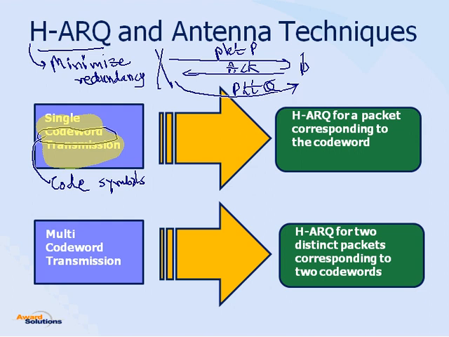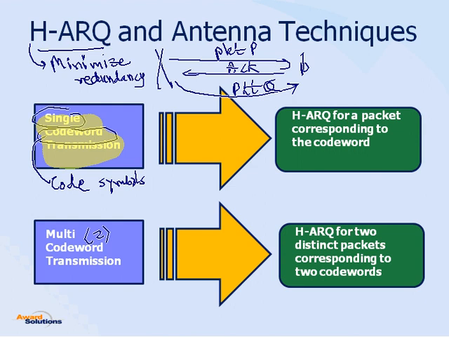That's why sometimes it is called multi-code word MIMO. Single code word MIMO means we just have a single set of code symbols and we distribute the code symbols among all the antennas that we have. But in LTE we support multiple code words, here 2 code words.